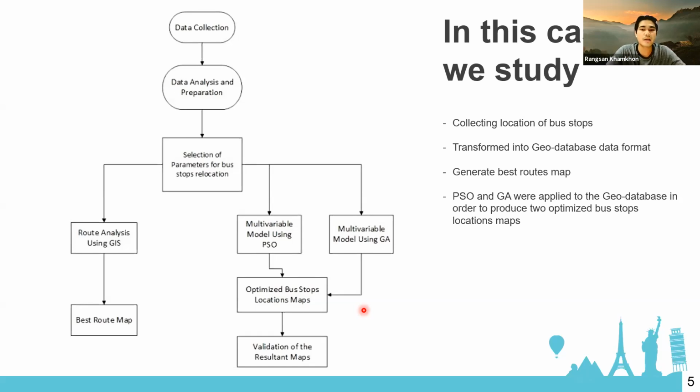The two AI algorithms, PSO and GA, are applied to the geodatabase to produce optimized bus stop location maps, and then they combine them and get the validation of the resultant map.